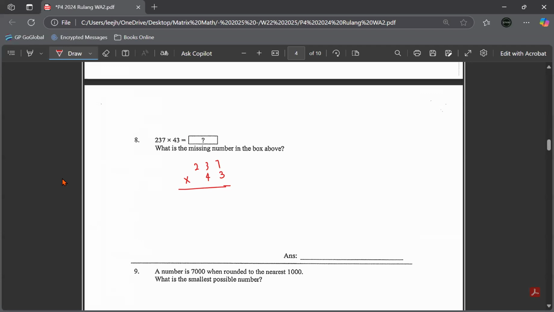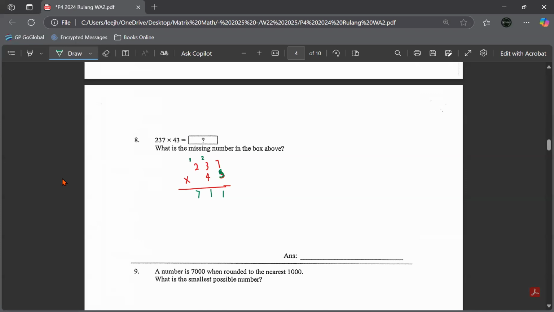First one is for the three ones, so maybe I'm going to use green. 7 times 3 is 21. So I put a 1, I carry 2. 3 times 3 is 9, 9 plus 2 is 11. Here, one. There's another 1 here, carry 1. So 2 times 3 is 6, 6 plus 1 is 7. You're done with the first one. So this is 3 ones.